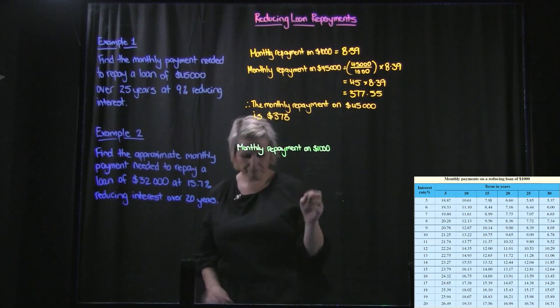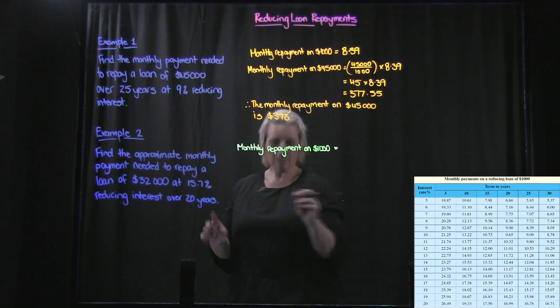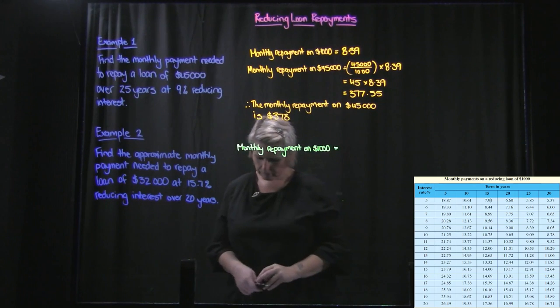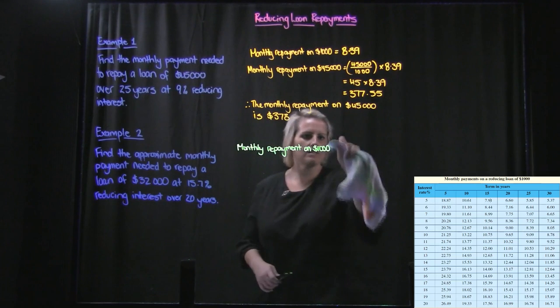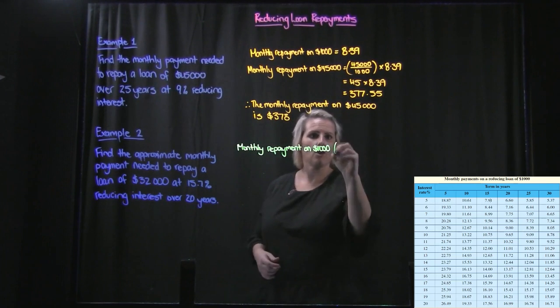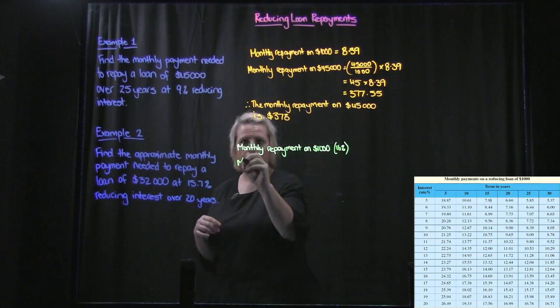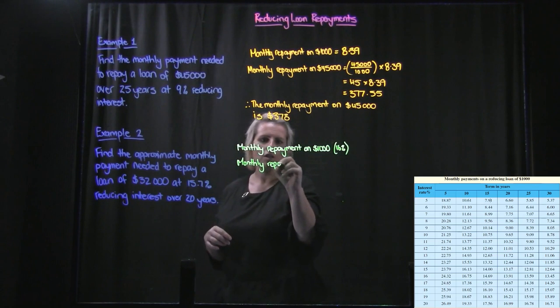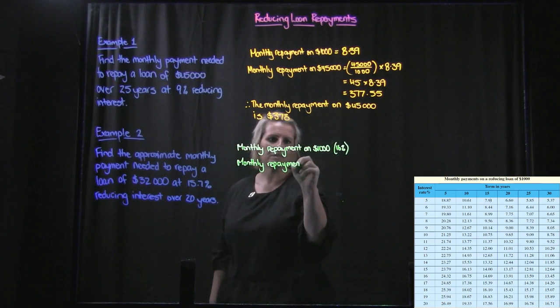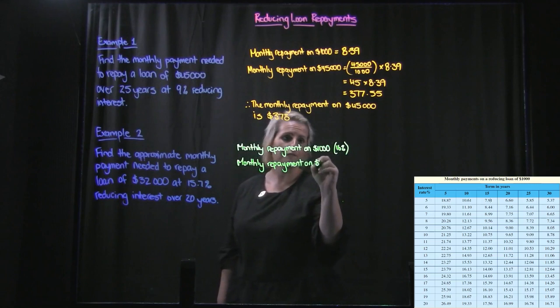So on 1,000. Now what I'm going to do, sorry, I actually might put the 16% here. So we're going to have at 16%, and we're going to find from the table the repayment on $1,000 at 15%.